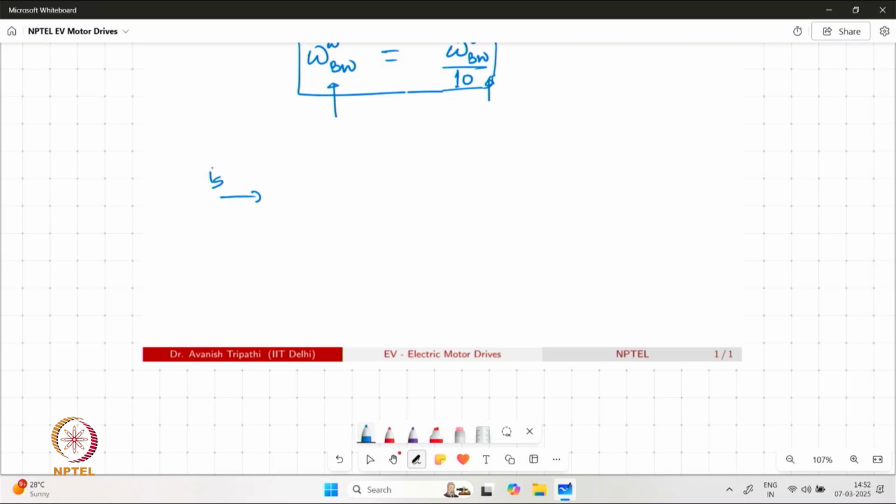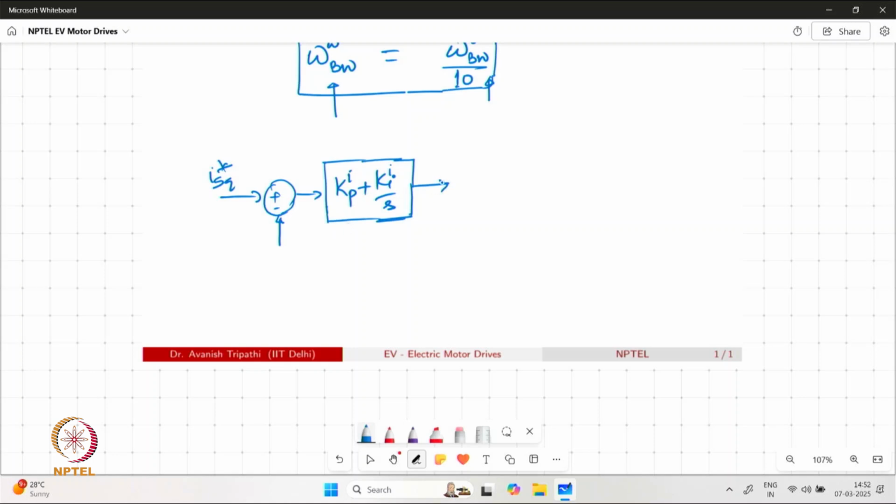So we can take out the current control loop from the combined control structure and place it separately. The PI controller can be written as Kp plus Ki by S, and we can mark a superscript I to differentiate it from the speed controller PI. Now, as I have said, the disturbances are ignored for the design of Kp and Ki values.